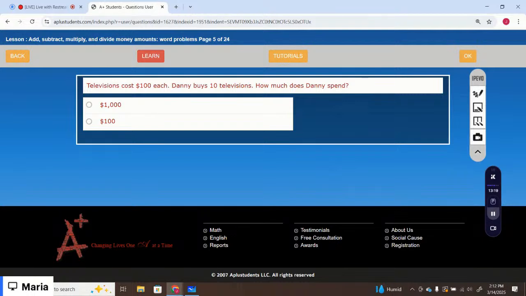Televisions cost $100 each. Danny buys 10 televisions. How much does Danny spend? So each television costs $100. You need to calculate the price of the 10 televisions.